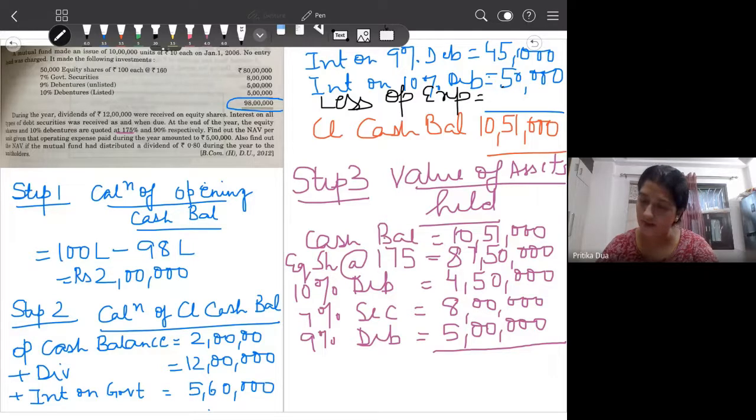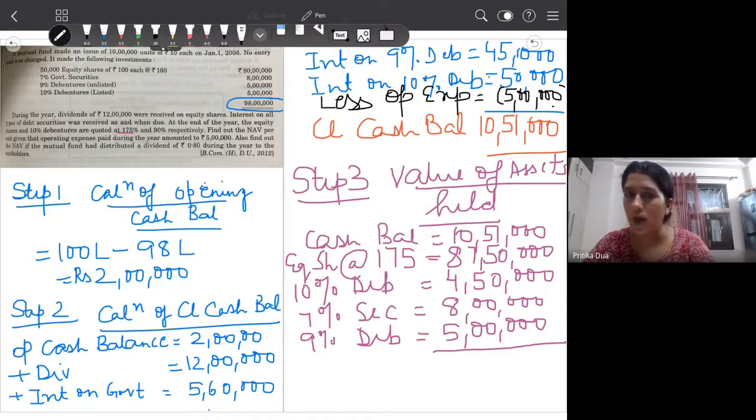So this was 5 lakh and this has been adjusted here, and after this adjustment you're getting the closing cash balance. Yes, Madhav correctly pointed out, I had already deducted the operating expenses. I hadn't written it here. Since these expenses are already paid, we are not showing them separately. We are only adjusting them in the cash outflows, which is giving you closing cash balance as 10 lakh 51,000.